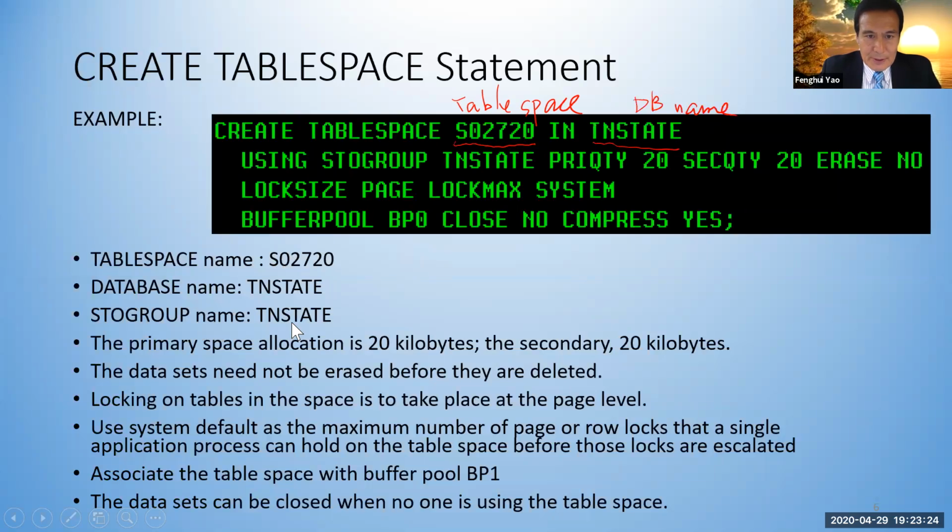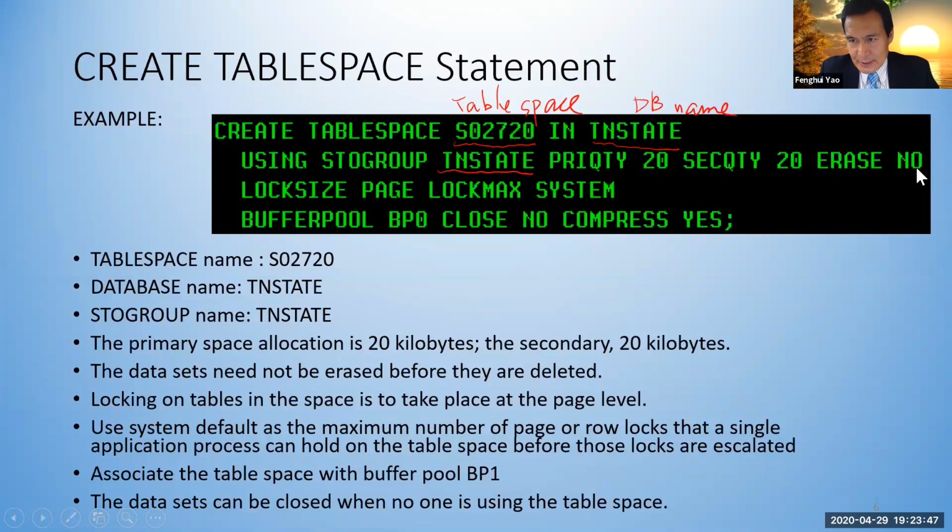Storage group, that's here. This is the storage group. Storage group is TNSTTE. Primary space allocated 20 kilobytes. And the secondary space allocated 20 kilobytes.